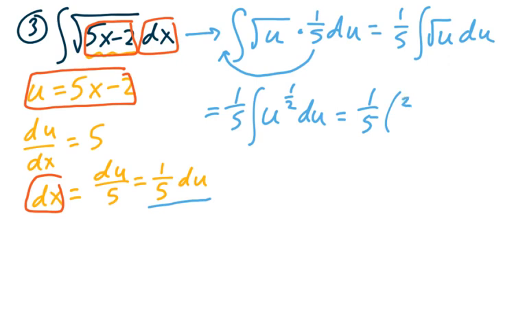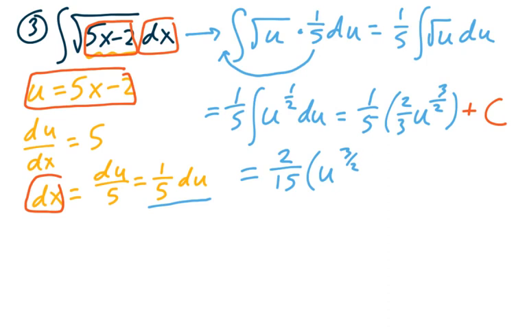That becomes 2/3 u to the 3/2. Did you get the plus c? High five. Good job. Let's actually simplify that a little bit more with these fractions. How about 2 over 15 u to the 3/2 plus c.